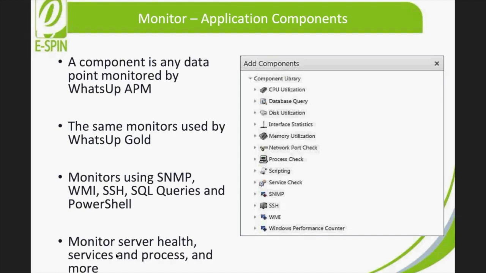You may also use it to monitor server health, services, processes, or anything, right? For example, from the existing WhatsUp Gold configuration that you have already prepared and running, you may be able to extract and custom tailor-make what you want to pull out as part of your APM monitoring parameters.